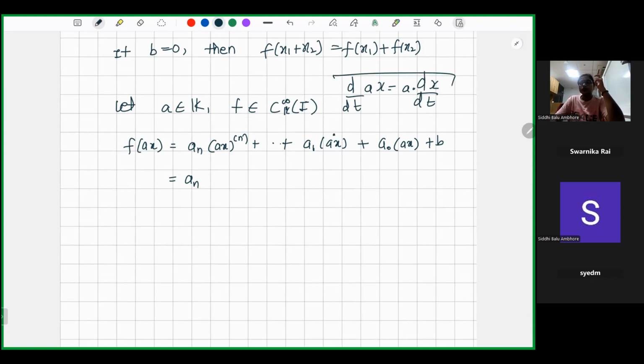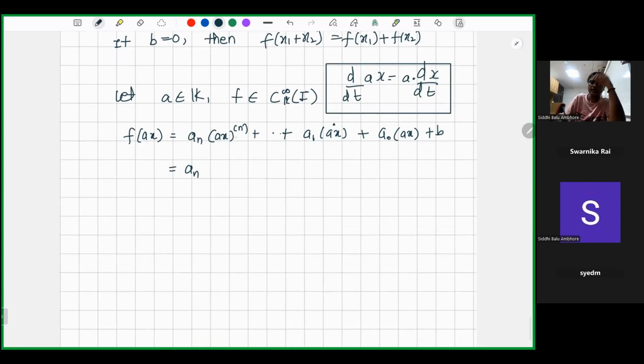We know this, so we will be using this, and so this a x^n will be a into x^n plus this a into a1 into ax dot plus a1 into ax. This is just the product, plus b.